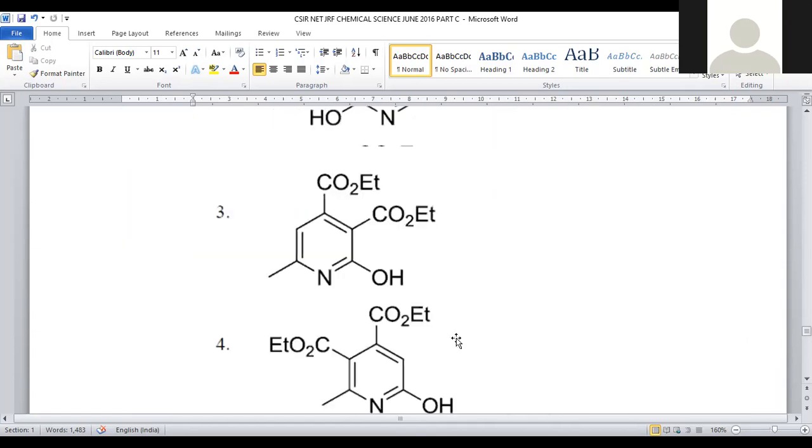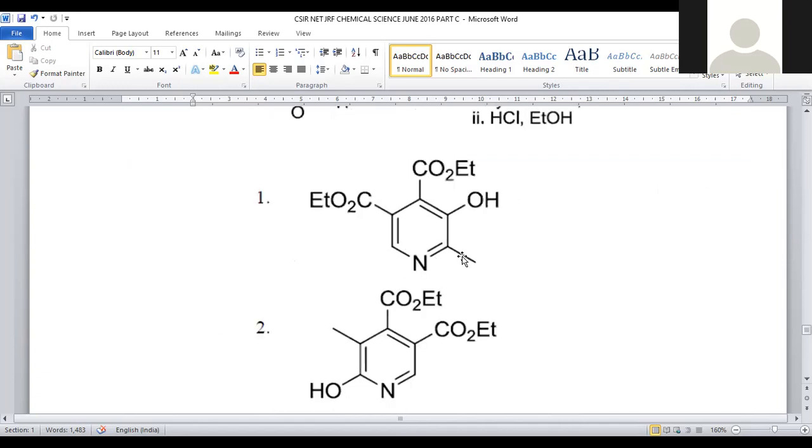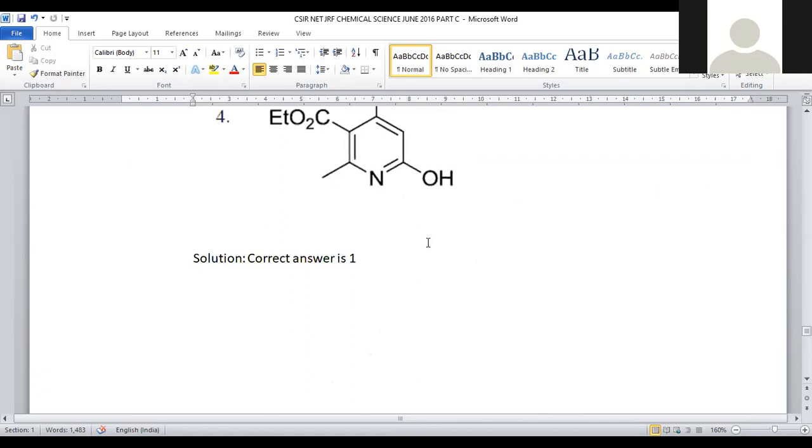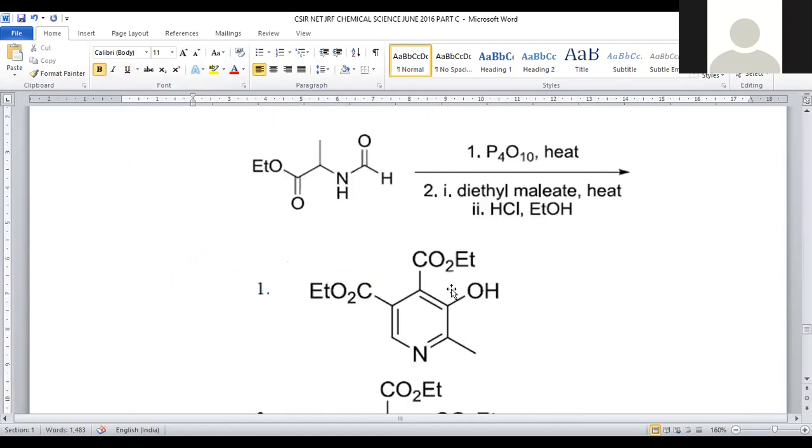Let us see where all these conditions fit. Second position methyl, third position OH, and diester groups on the fourth and fifth positions. So this is the correct one. Option number 1 is the correct answer for question number 110, right? So what we will do: P4O10 is used to enolize this one. Diethyl maleate will be added. It is a double bonded system with the COOEt.